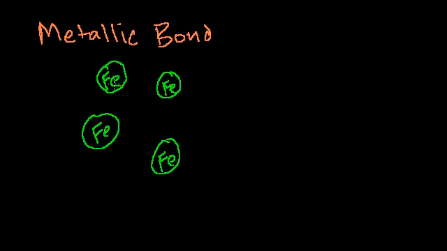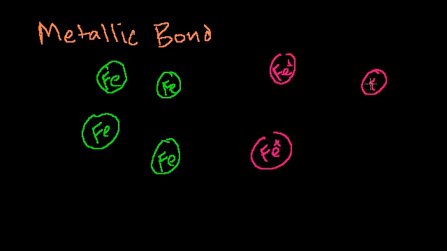So if you put a bunch of these guys together, they share their electrons, so they all become positive. They're very communal this way, the metallic atoms. And then their electrons kind of just form this sea out here that they all share.